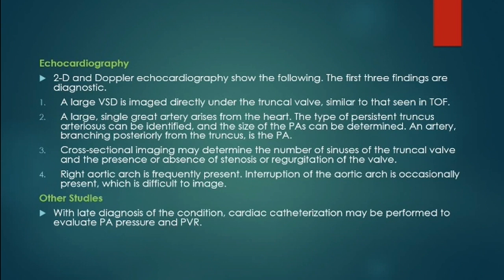Right aortic arch can also be present. Other studies: cardiac catheterization may be indicated if the patient is presenting late, to study the pulmonary artery pressure and the pulmonary vascular resistance.